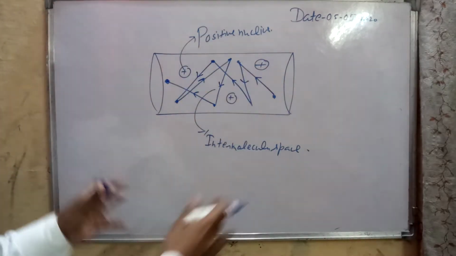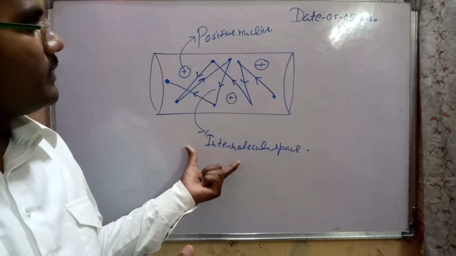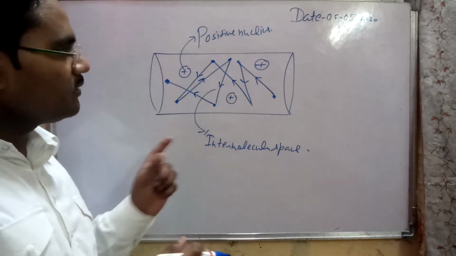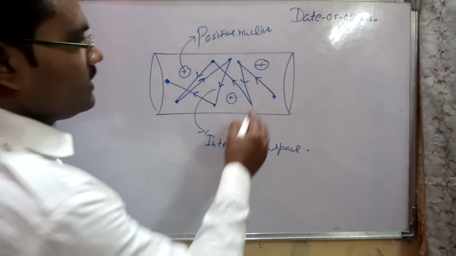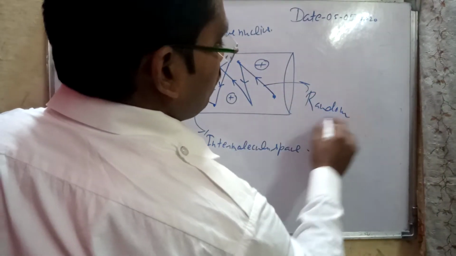So the motion of an electron released due to thermal energy is random. This type of motion is called random motion.